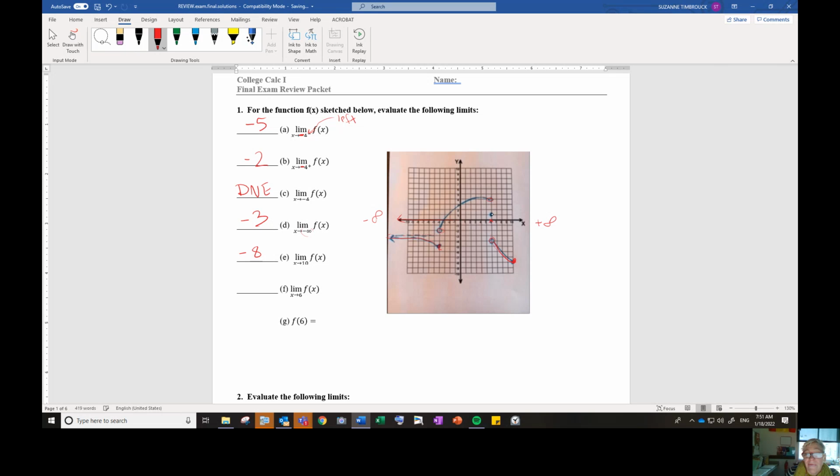We have a function value at 6, which is 1, but that's not the limit. The limit is what we're approaching from the left and the right, so it does not exist. But the function's value, f of 6, when x is 6, y equals 1.